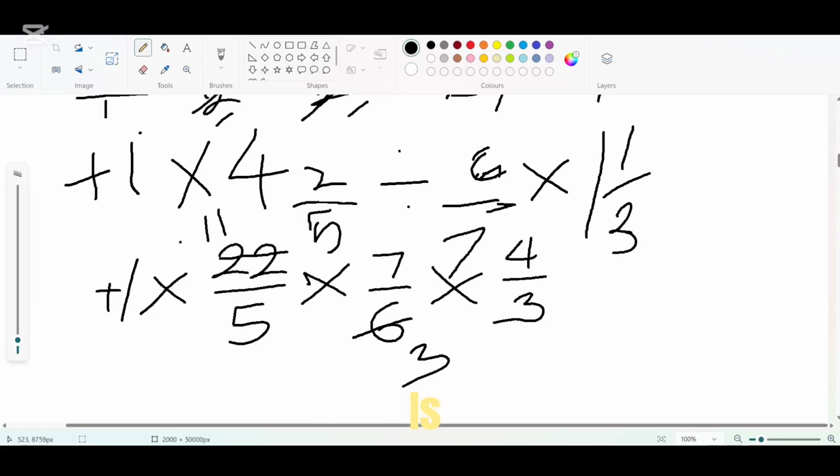Now what else is left? Isn't there 2 3s in 6? Yeah, that's 3. Okay, so what is going to be left after multiplication? So this is going to be 11 times 7, 77. 77 times 4.